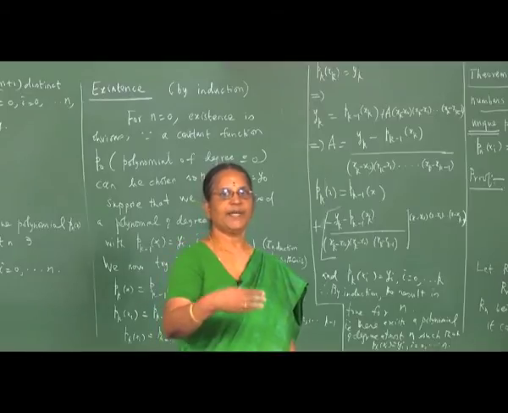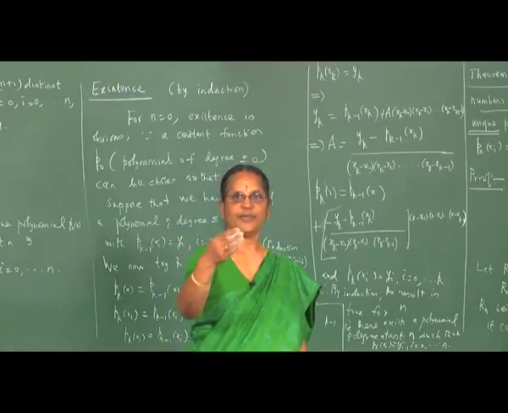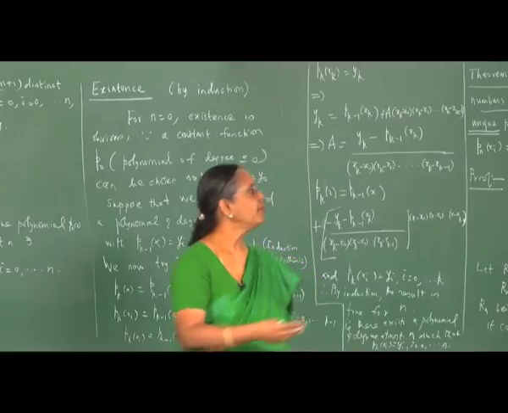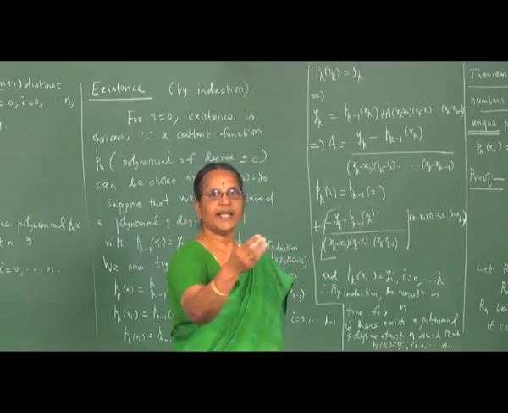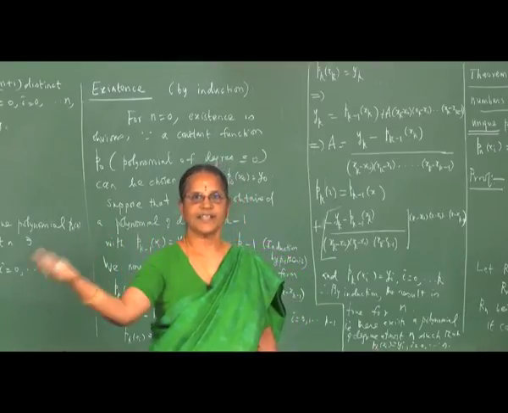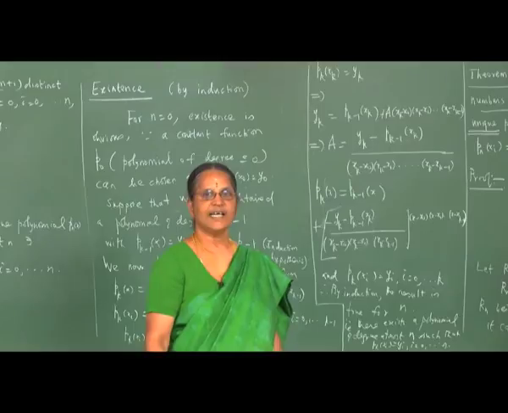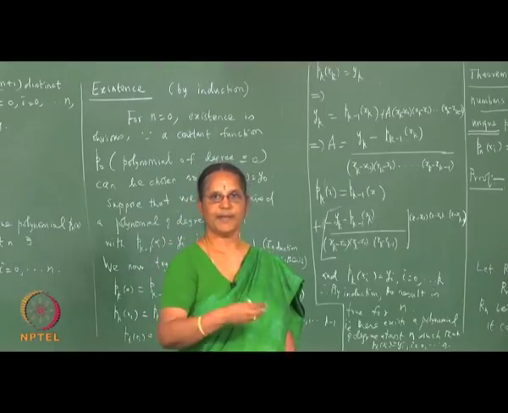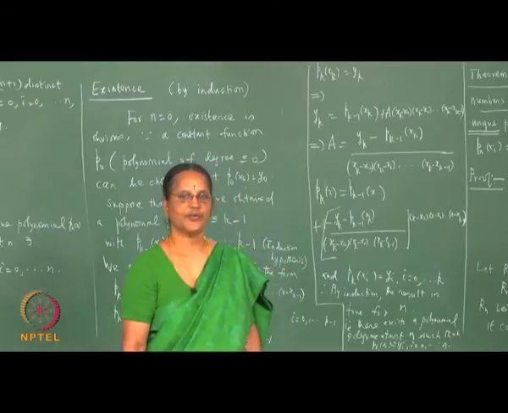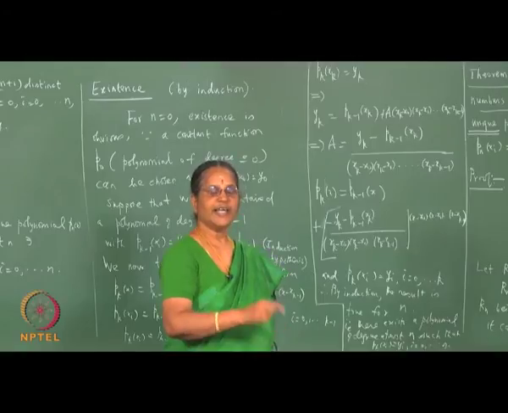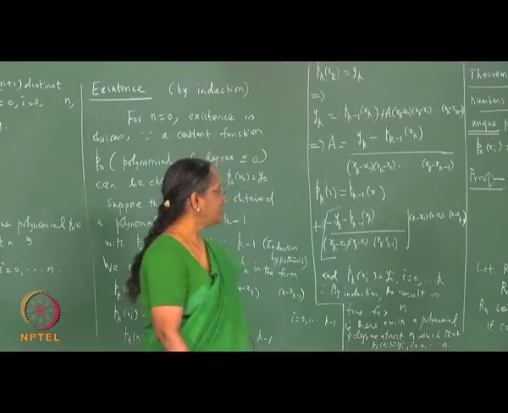We will have information about a function to be constructed at a set of several points, and going one by one, taking a third degree polynomial, then constructing the fourth degree polynomial, etc., is going to be a tedious process, and therefore, we would like to get some simple methods by means of which we should be in a position to construct this unique polynomial for a given set of discrete data.